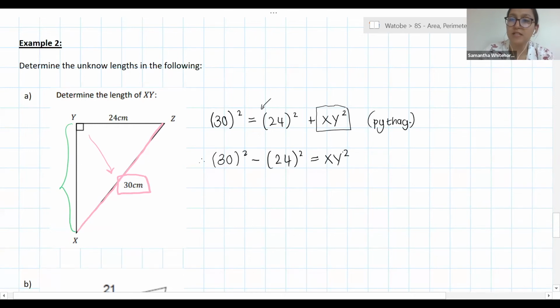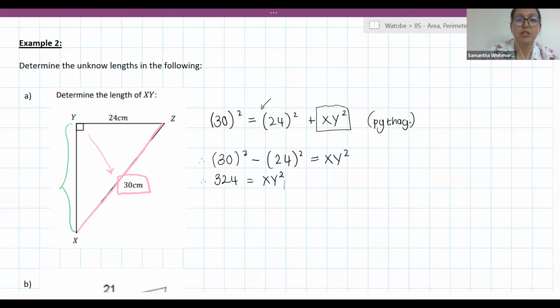Now what I've done is I've essentially isolated the thing I'm wanting to solve for. Again, you can just do this on your calculator. There's no need for you to tell me what 30 squared is and what 24 squared is separately. 30 squared minus 24 squared is then 324, which gives me XY squared. And we sort of now follow the same logic.